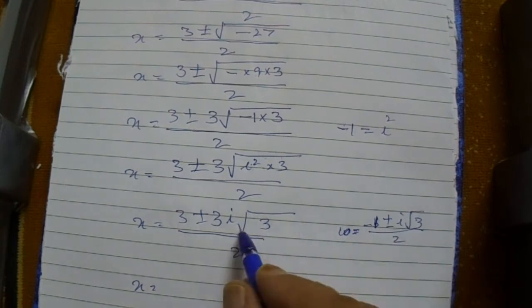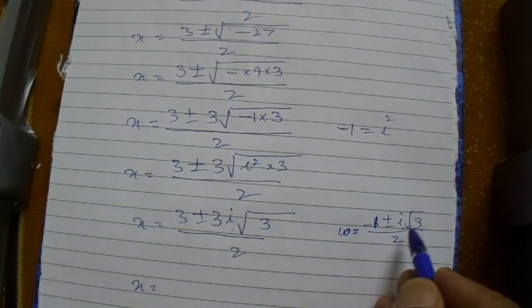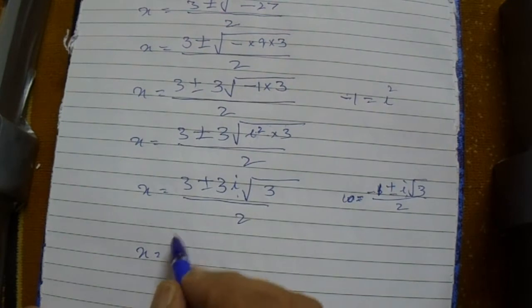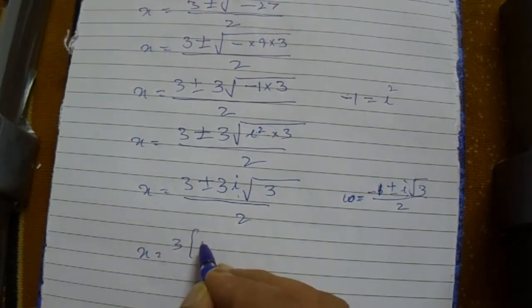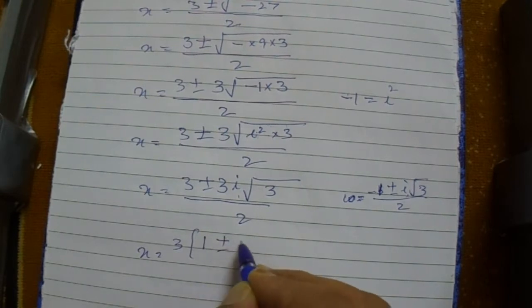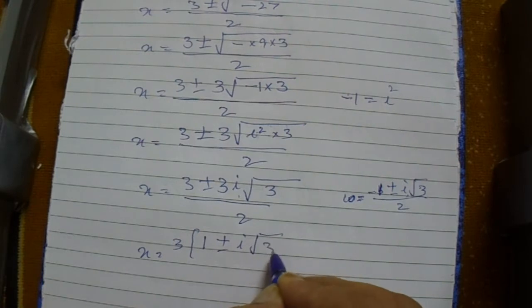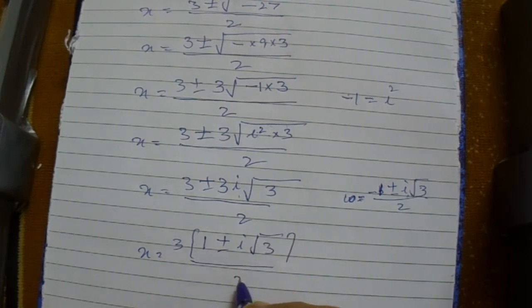Now we write this in this form. Now we take 3 as common from this, and we write the 3 common, only 1 here, plus minus iota under root 3, and write this over 2.